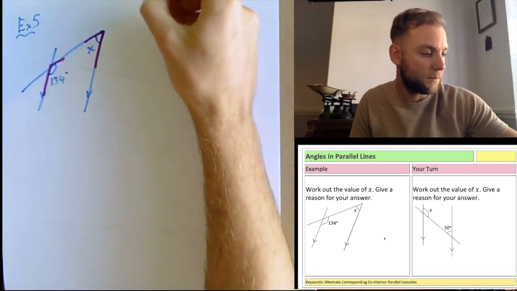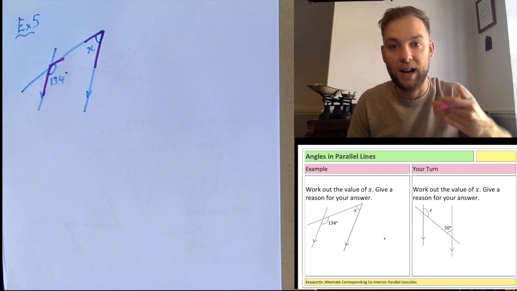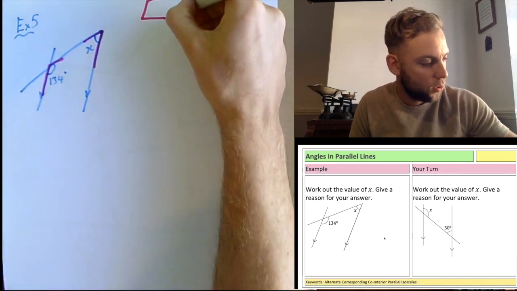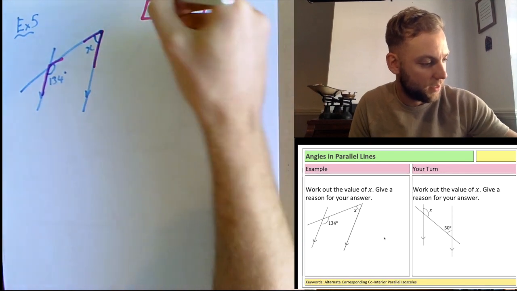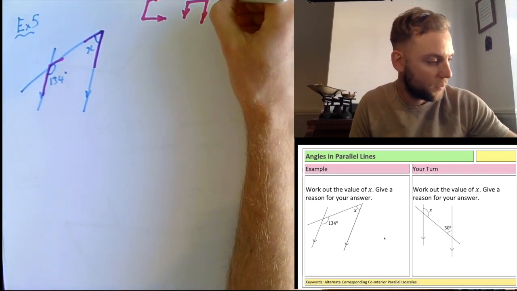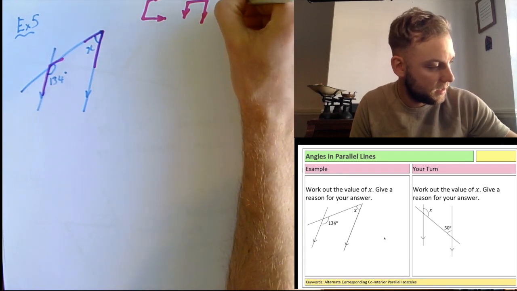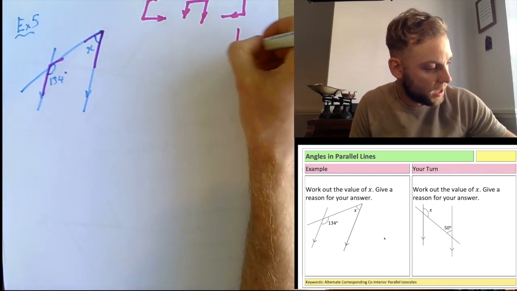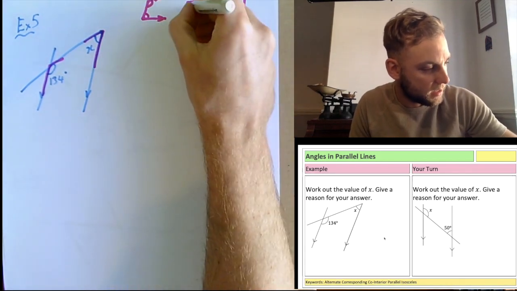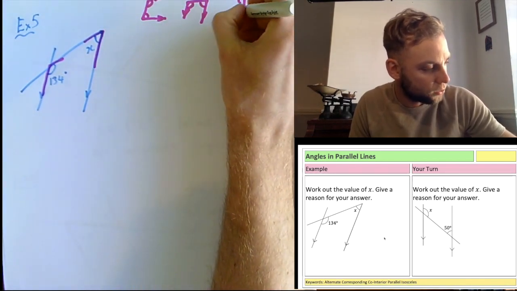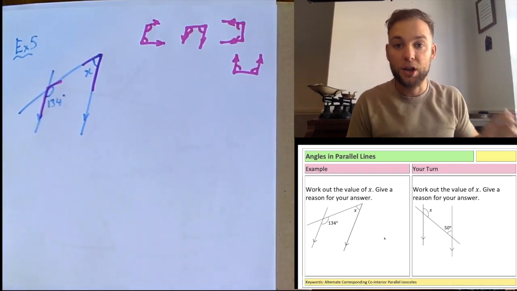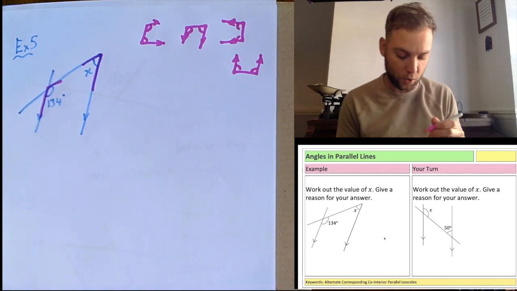Sometimes they call it a C, sometimes an N, or a backward C, or a U shape, which is like this. With these ones, the interior angles, these two interior angles are called co-interior angles, okay? And co-interior angles sum to 180.